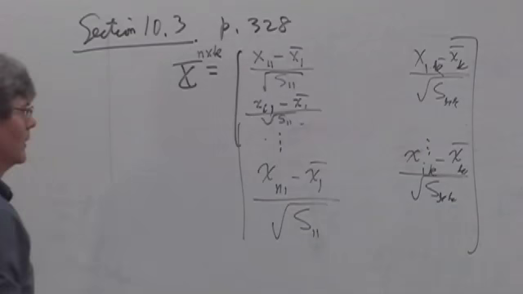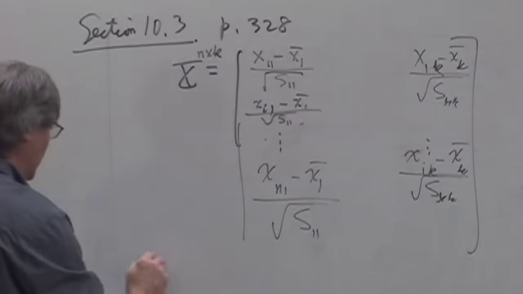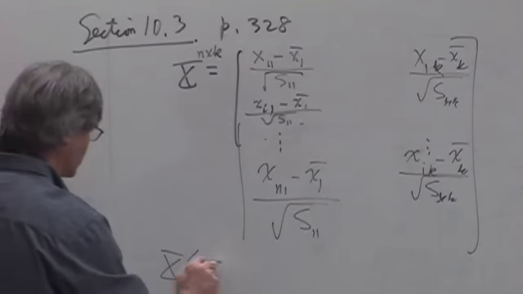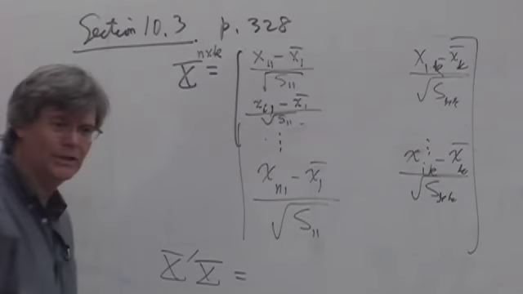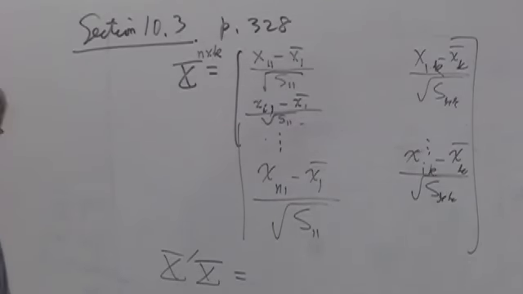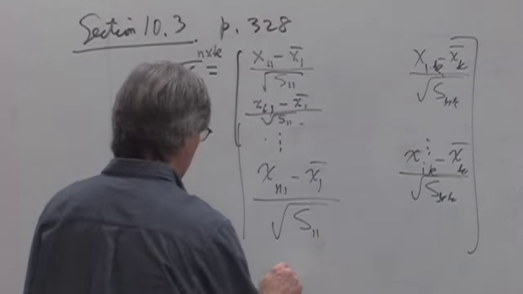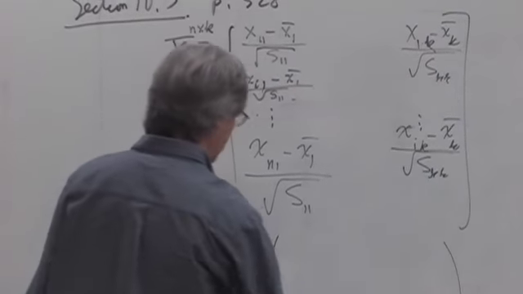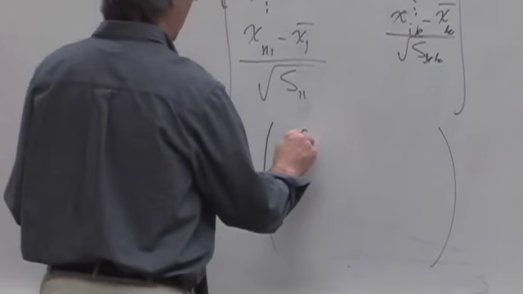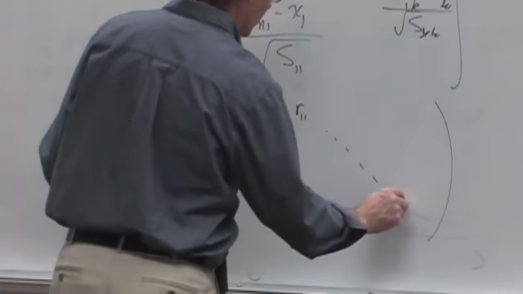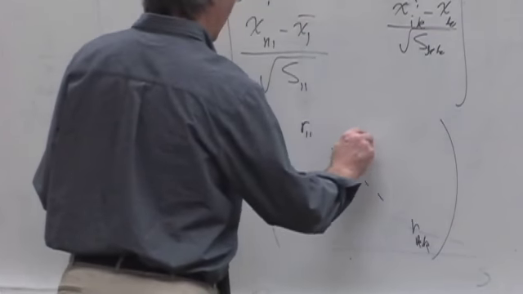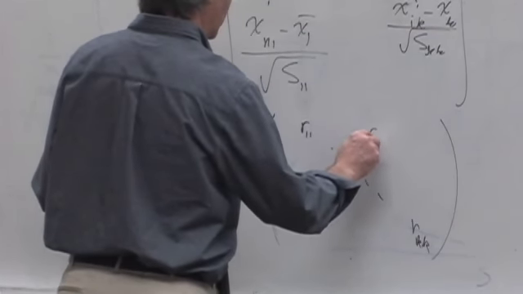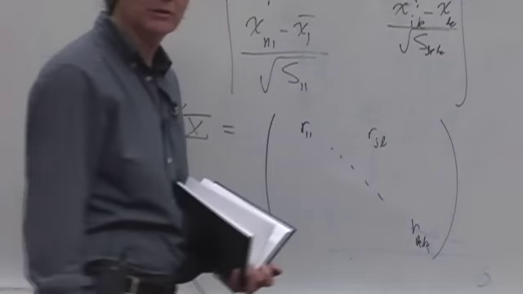And then what you're getting is that x prime x is the correlation matrix. Sample correlation matrix. So this is R11 down to RKK, and RJL, the J'th regressor with the L'th regressor in general.